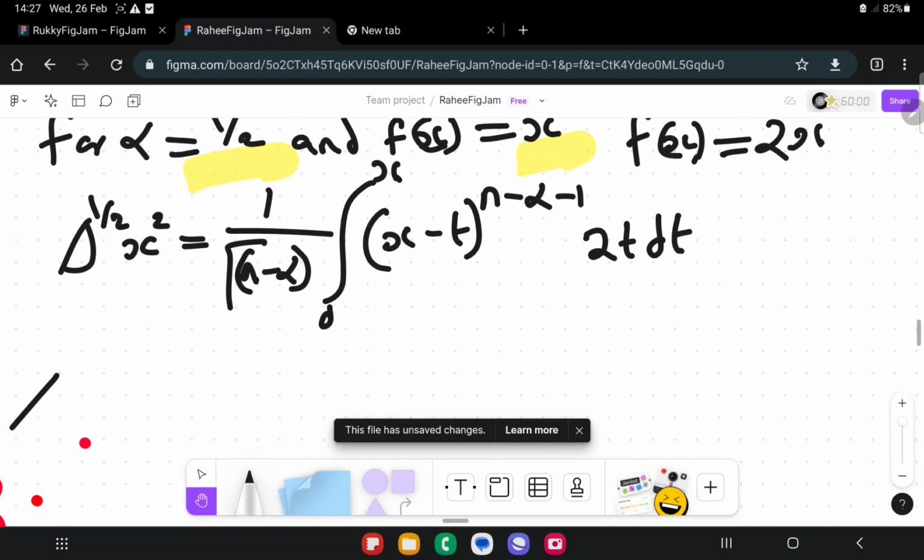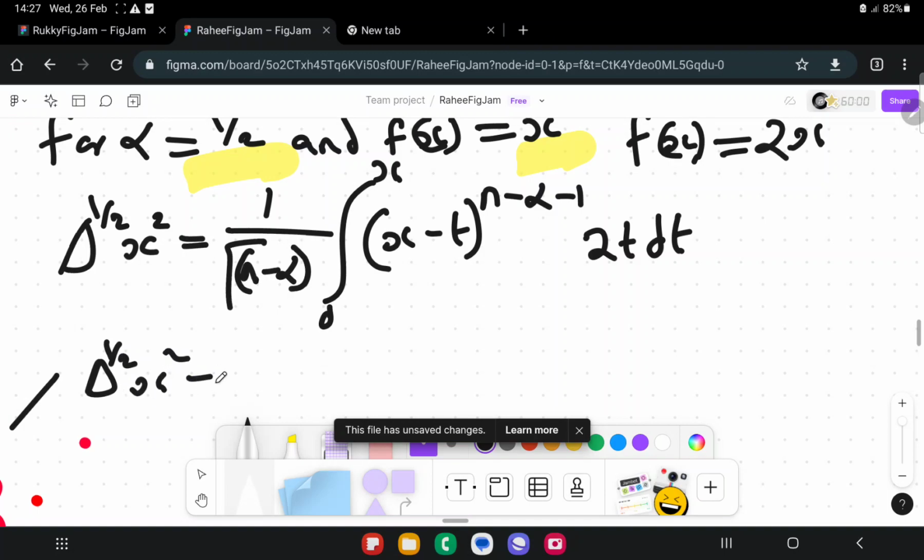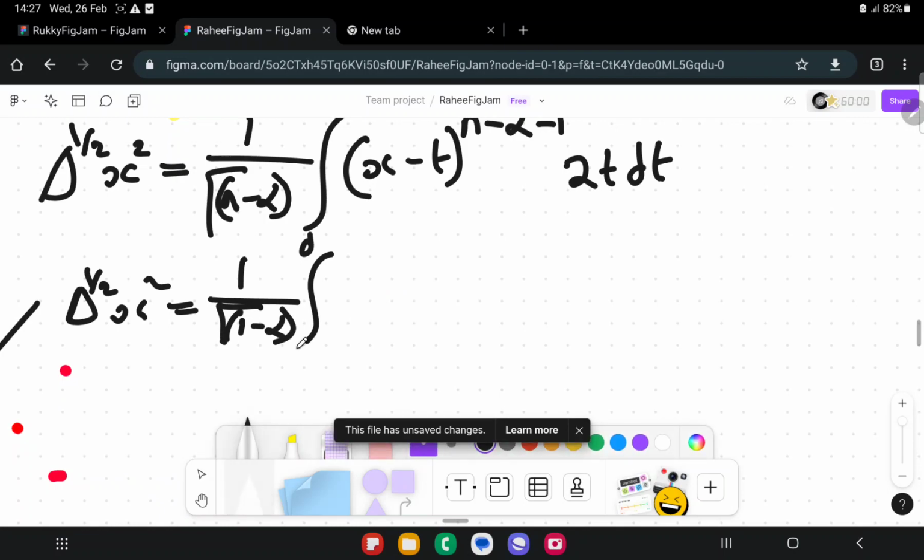Okay, now let's substitute the value of our alpha. I've already done that for this. So we have the half derivative of x squared is given to be 1 over gamma of n minus alpha, we have 1 minus alpha, into the integral from 0 to x of x minus t.